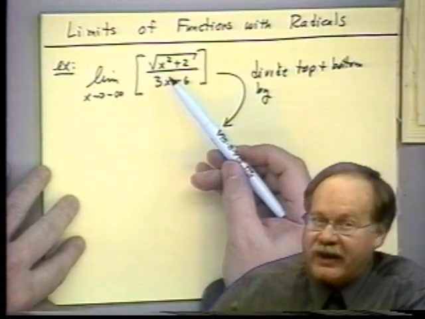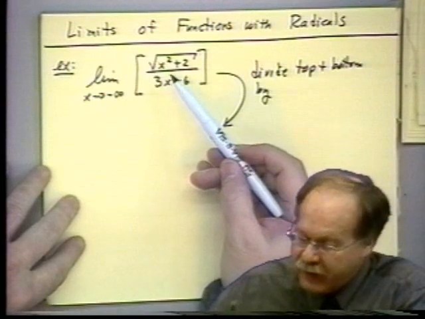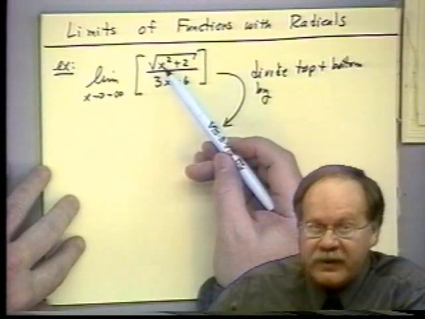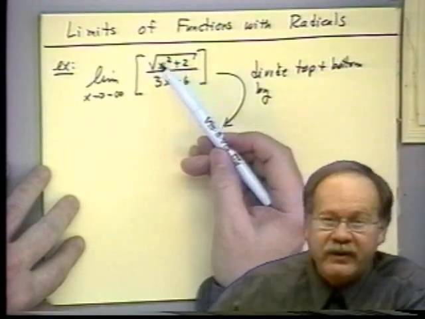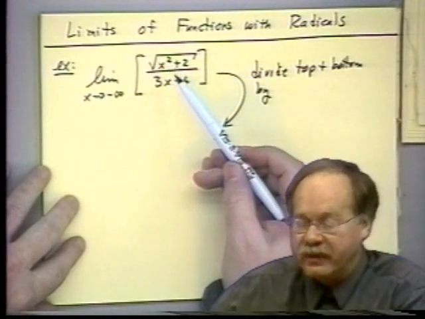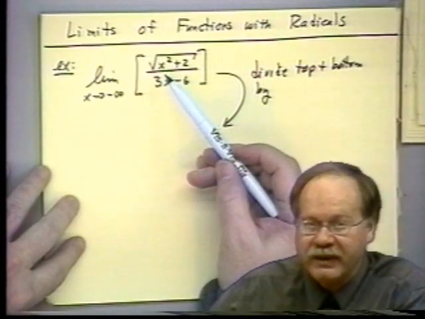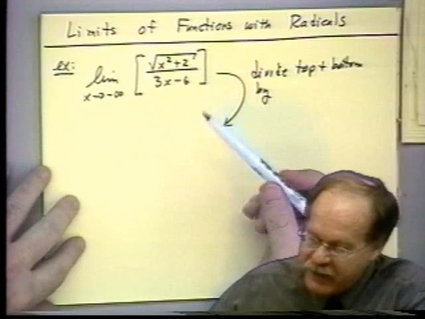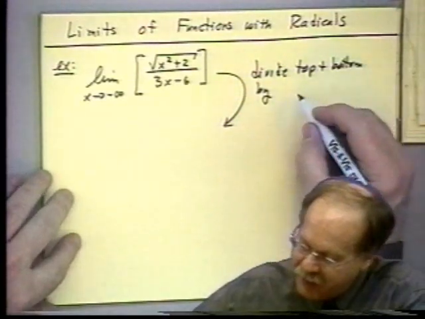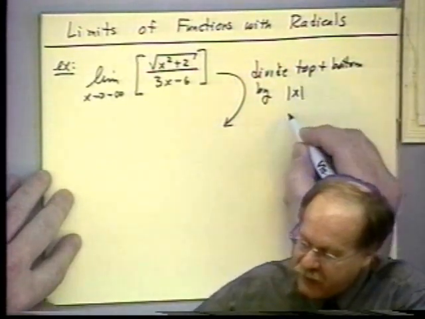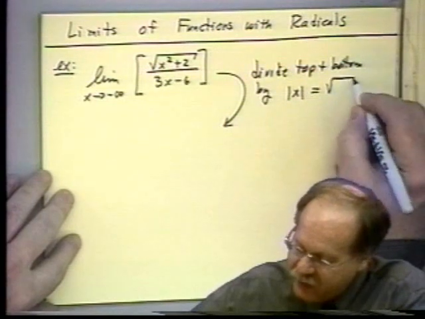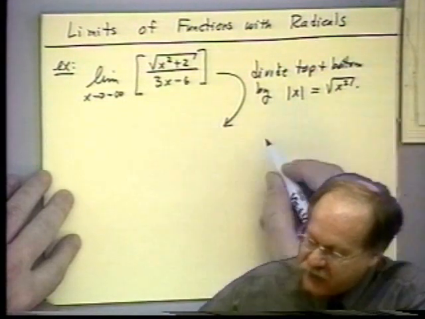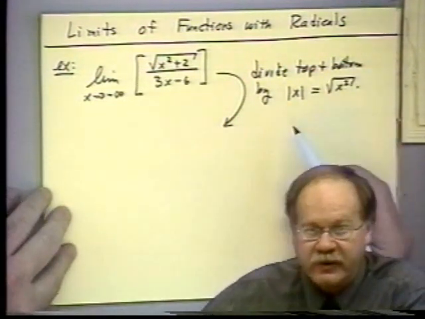It actually takes us back to the absolute value of x, because when you square something, you knock out any negative signs, and when you take the square root again, you will recover the positive version, but not the negative. So that means what we'll do is we'll divide top and bottom by the absolute value of x, which is the same thing as the square root of x squared. Little piece of algebra you should remember.